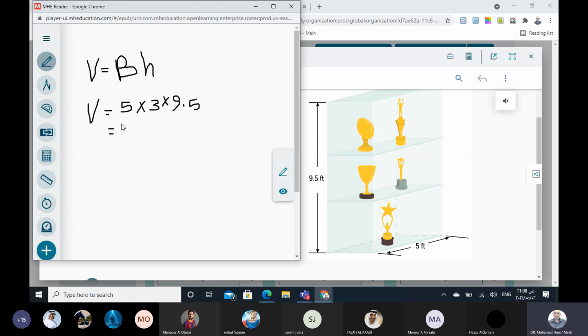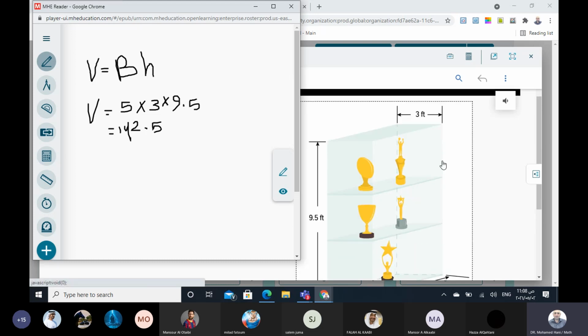Then we can multiply. We have 5 times 3 times 9.5. So the answer will be 142.5.